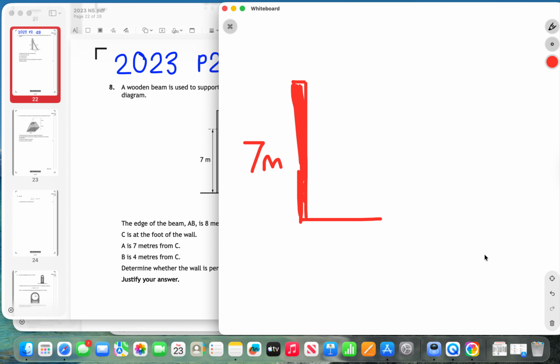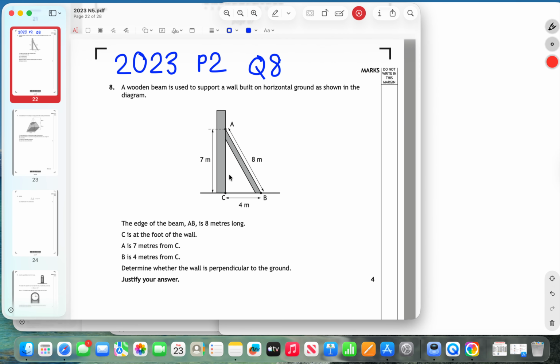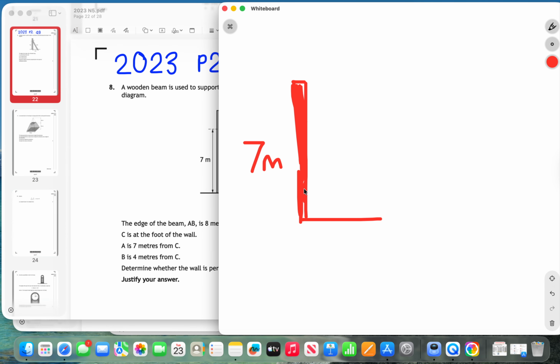If they're perpendicular, that means that the wall and the ground must be at right angles. But if they're at right angles, then this must be a right angle, obviously.